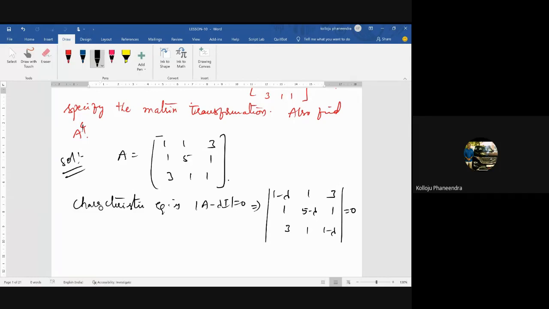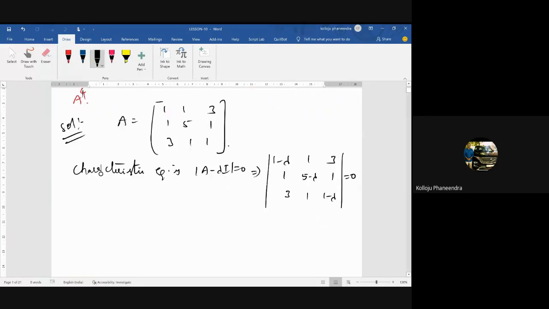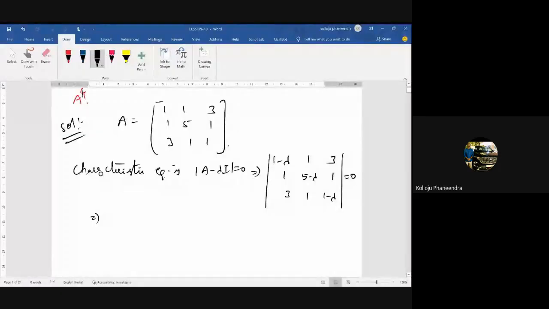If I expand this determinant, I get (1 minus lambda)[(5 minus lambda)(1 minus lambda) minus 1] minus 1[(1 minus lambda) minus 3] plus 3[1 minus 3(5 minus lambda)] equal to 0.